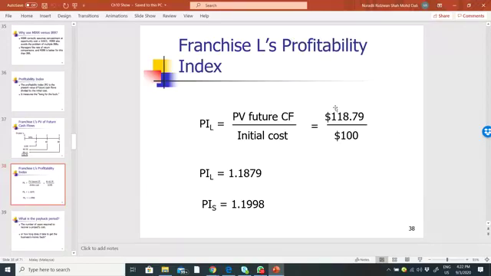Then the present value of future cash flow, you divide it by the initial cost, so you get 1.18. So the profitability index is 1.19 for S, and L is 1.18. So if you look at the profitability index, S is better compared to L.